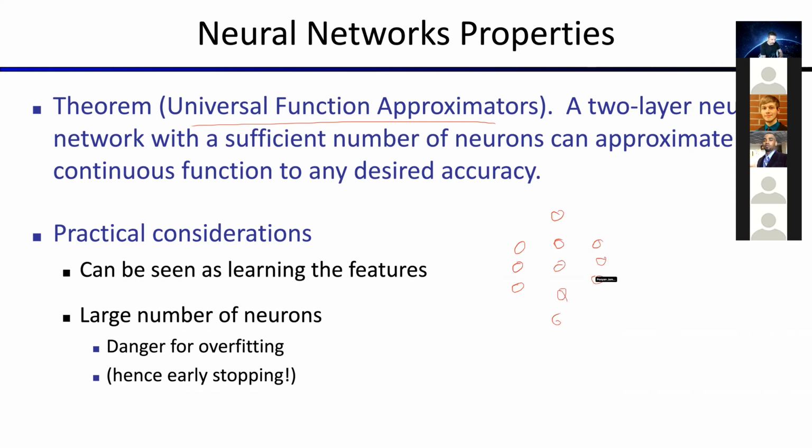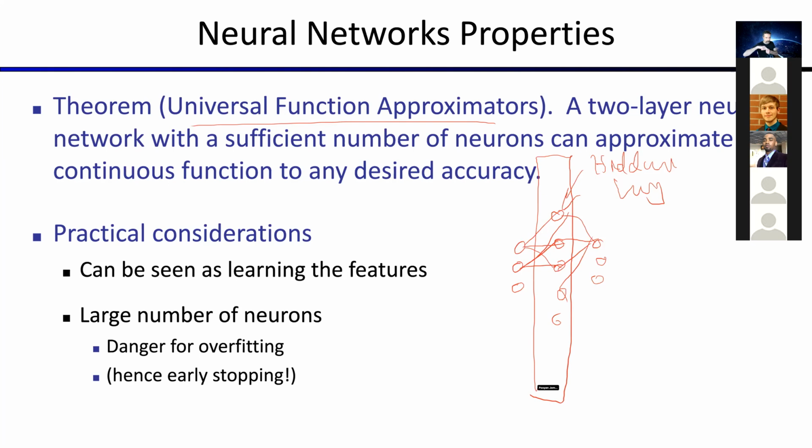So basically, you need to at least have one hidden layer here. In this theorem, the only variable that you have is the number of neurons that you use in this hidden layer.